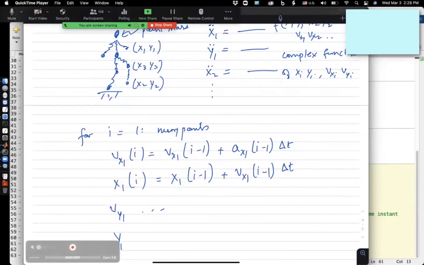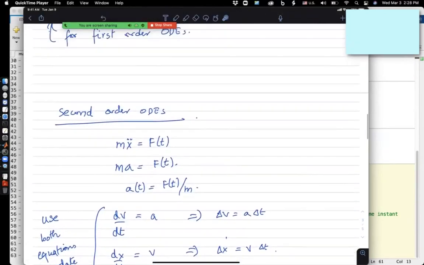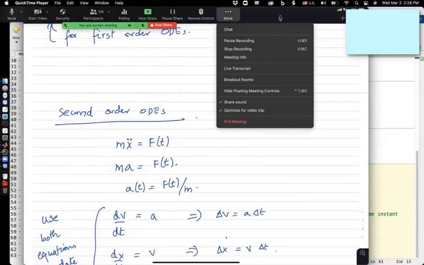So let me actually try to do a simple example on MATLAB very, very quickly. And then I suppose we shall stop there. Any questions before we do that? Reasonably clear.